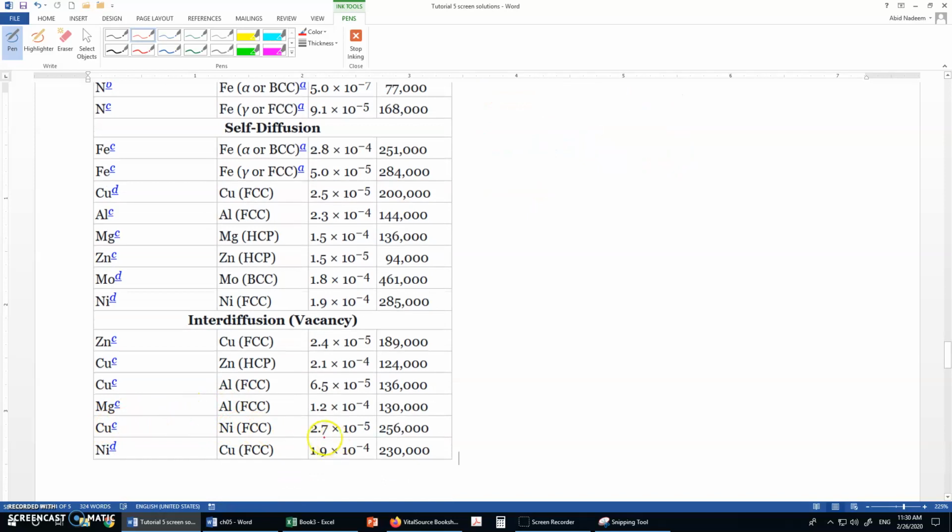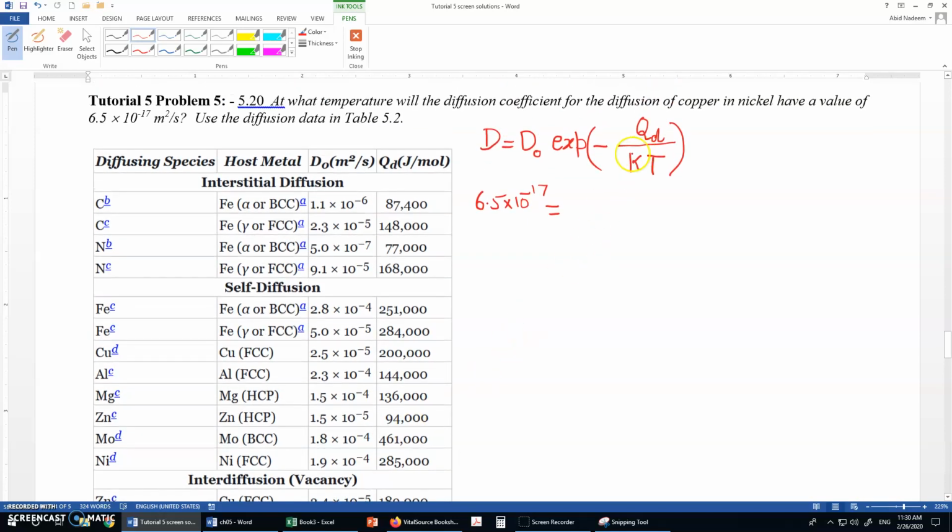So the value is 2.7 × 10^-5. So D naught is 2.7 × 10^-5, and then the exponent of minus QD, which is the activation energy.